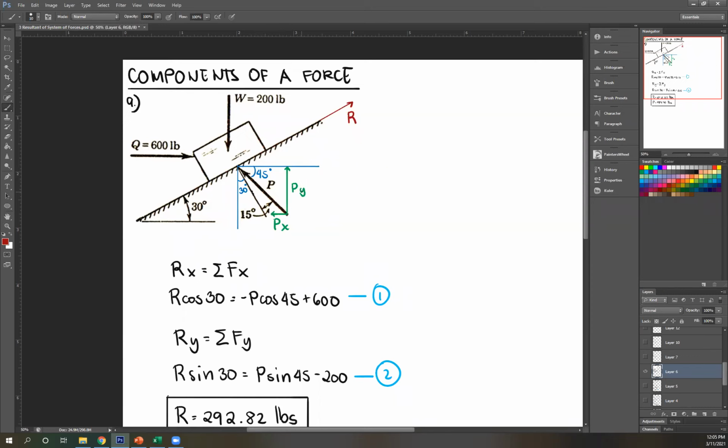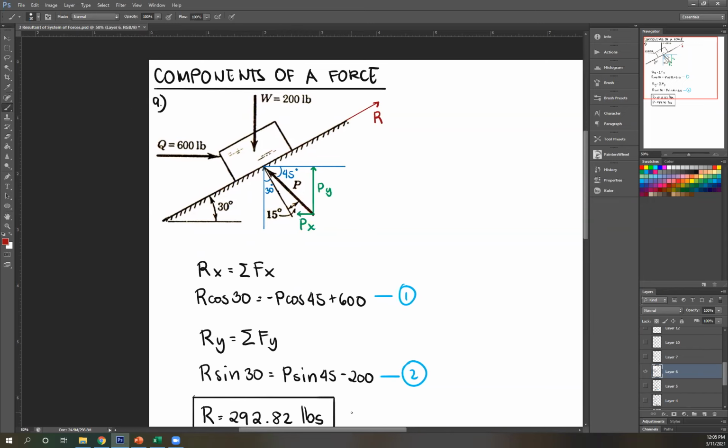So solving for P and R, which are not given, I'm just going to write equations instead. We know that the x component of my resultant is equal to the summation of the x components of each force. So Rx equals summation of Fx. Rx, the x component of R, if you follow the line of action, makes an angle of 30 degrees with the horizontal.